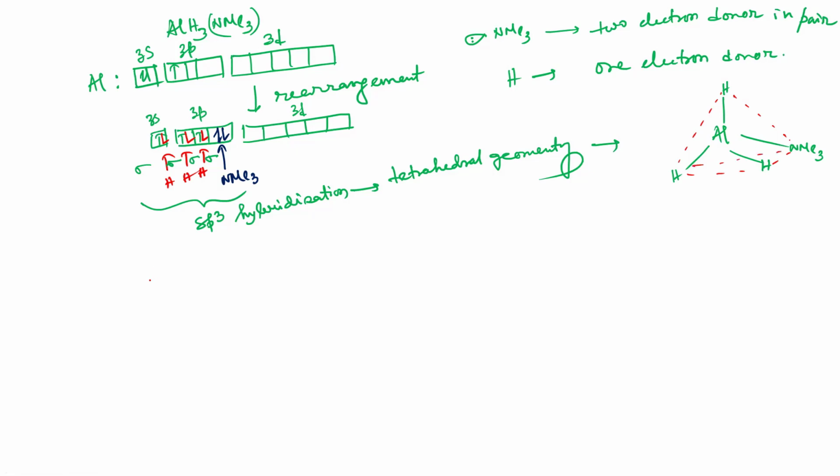Now we have to think about the second molecule, that is (AlH3·NMe3)2. Again, we can start from the rearranged configuration of aluminum.